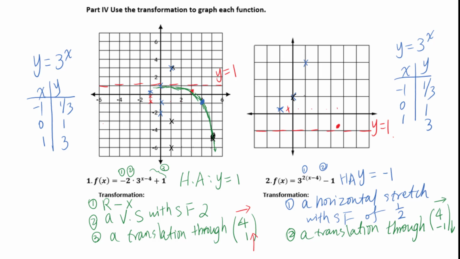Then move to the right 4, down 1, 1, 2, 3, 4. Down 1 is here. Then for this point, the distance from the y-axis will be half. Go here. Then move to the right 4, 1, 2, 3, 4. Go down 1. It's here. Then we connect these 3 points. This will be the graph for number 2.